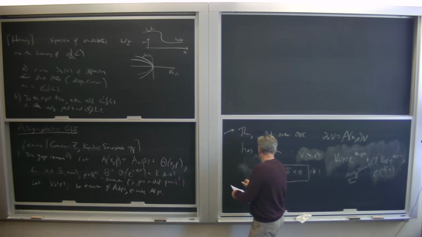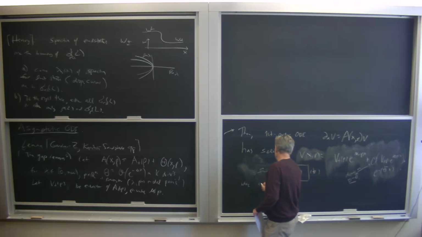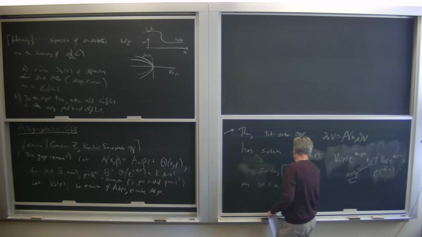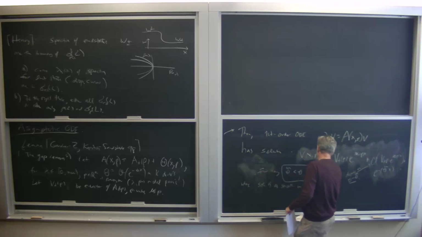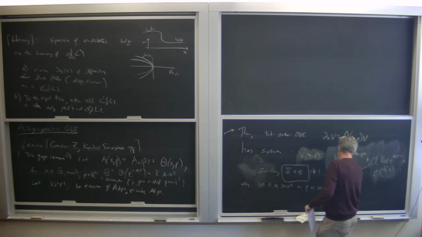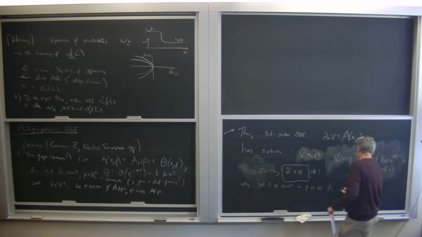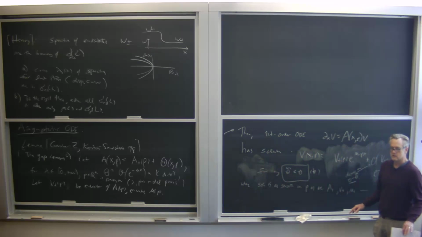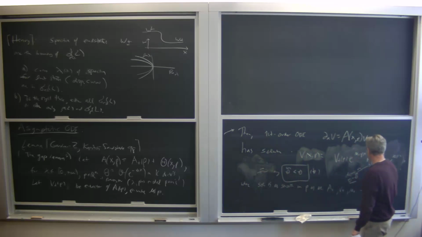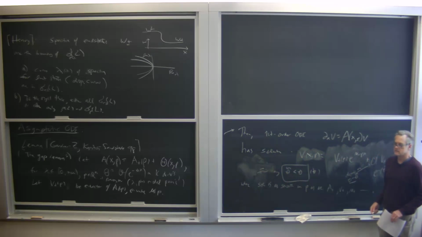And the solution is as smooth in p as are A plus, V plus, and mu plus. So whatever smoothness I have in the parameters, I will inherit it in the solution.